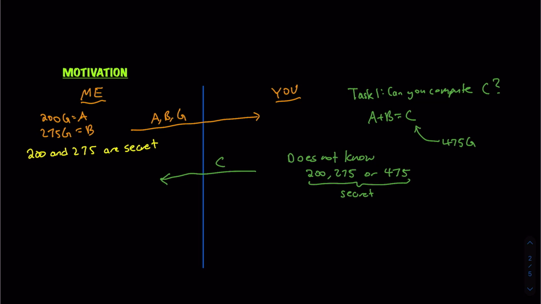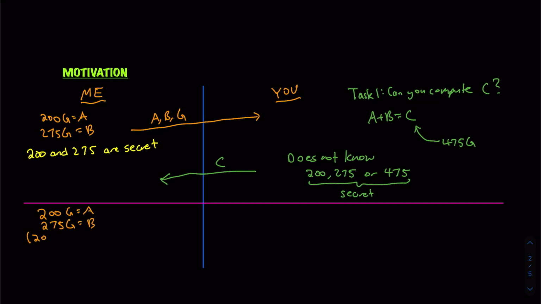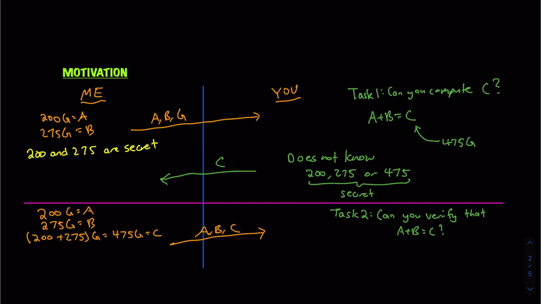Furthermore, another thing that I can do is I can compute A, B, and C on my own. Because remember, I know the secret values. And then I give you A, B, and C, and you don't know the secret values, but you can check that indeed A plus B equals C. You can check math and verify for yourself that this equation holds without even knowing the underlying values.